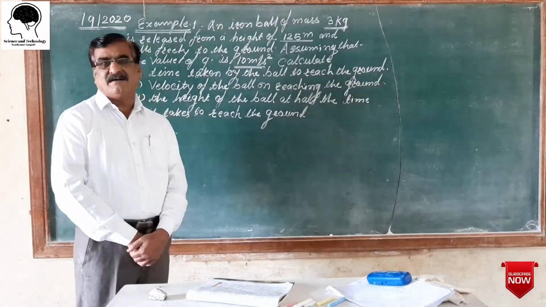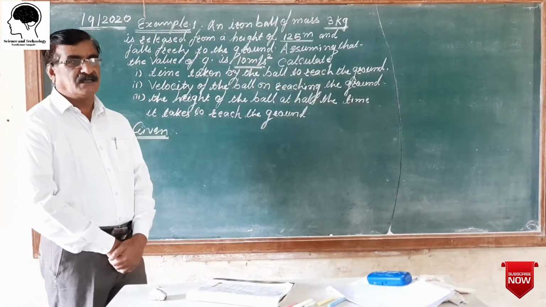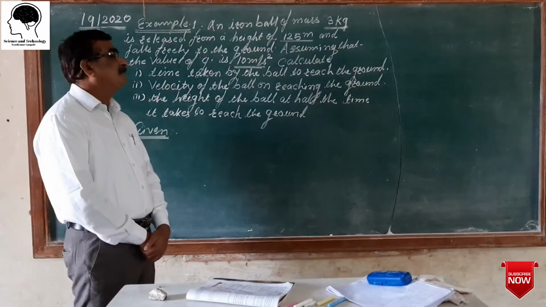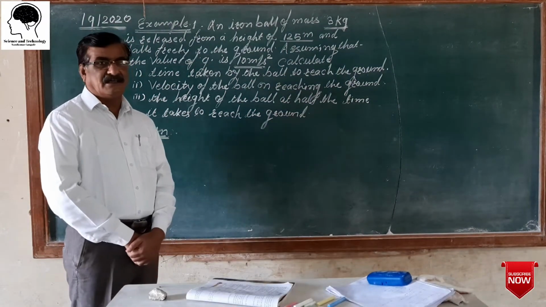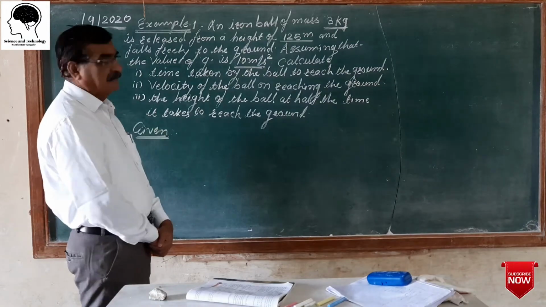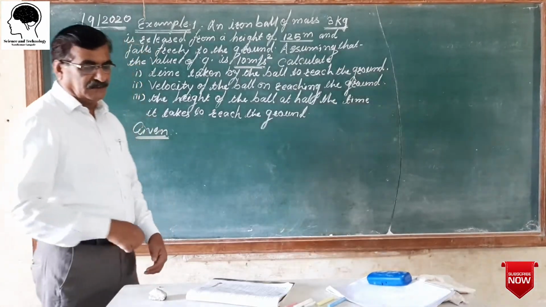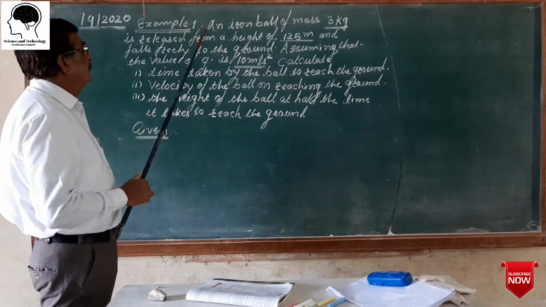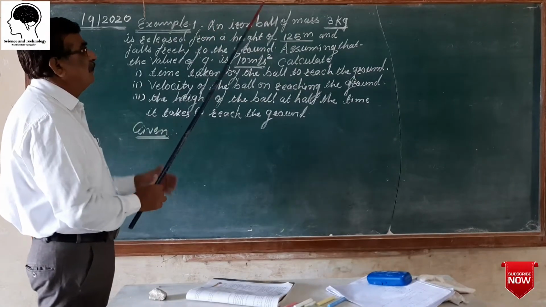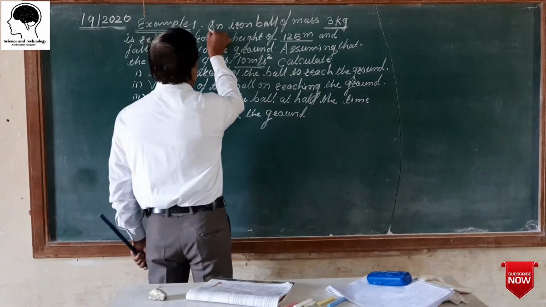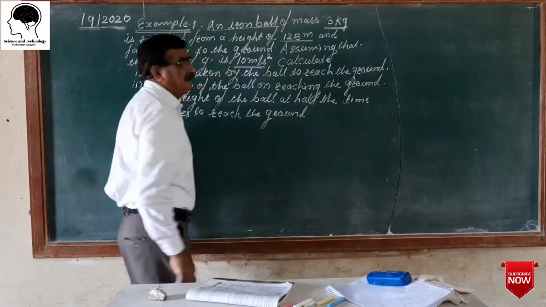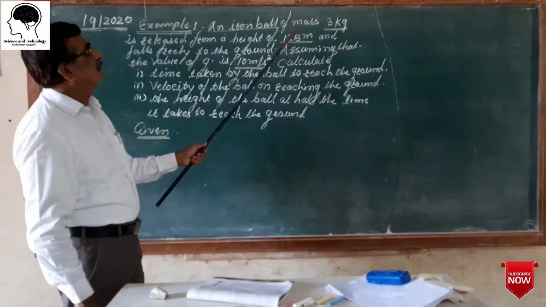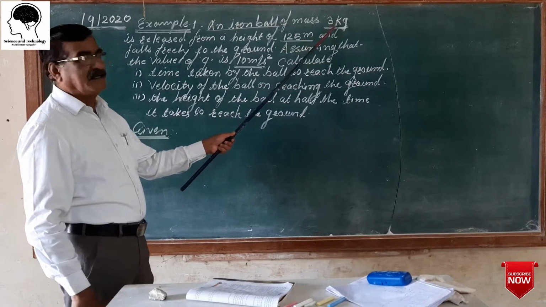About the examples. Those are related to gravitational acceleration. In this example, there is an iron ball, a sphere of iron. Its mass is 3 kilograms.